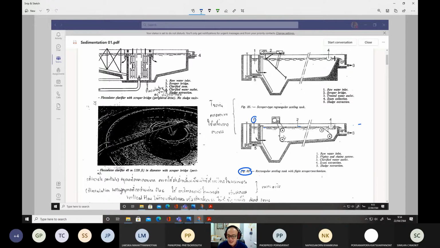Water gets in here, and then leaves this chamber through the outlet at number 3. And what is number 2? Number 2 is actually a flight chain system. So this motor will drive this chain, moving like this.